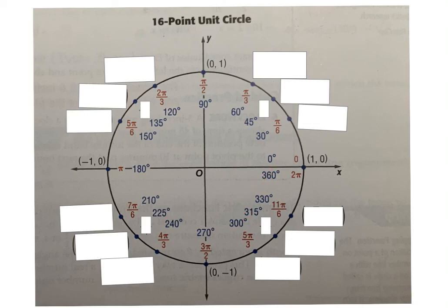Around the unit circle in radians, they go in fourths. Pi over 4, 2 pi over 4, 3 pi over 4. This is 4 pi over 4. 5 pi over 4. This is 6 pi over 4. 7 pi over 4. And 2 pi is 8 pi over 4.